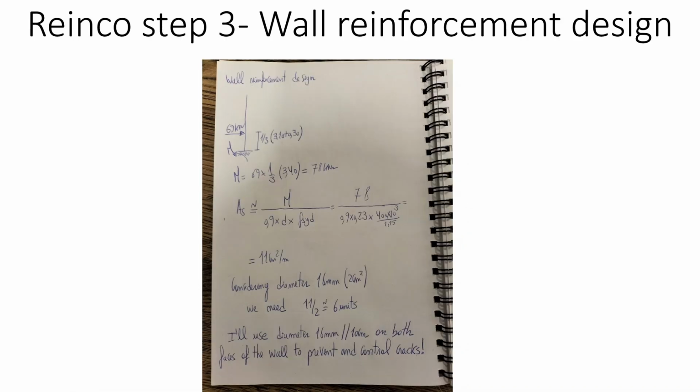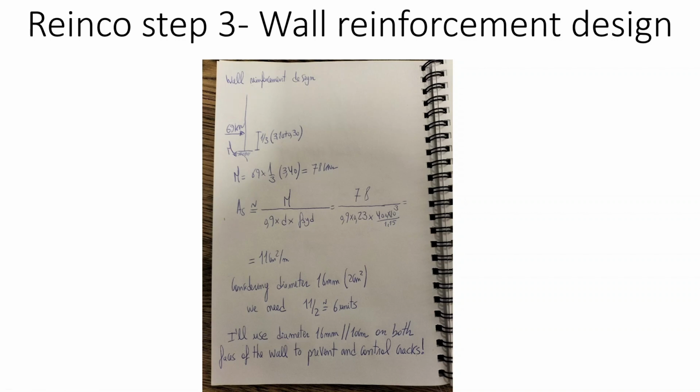The wall reinforcement design is going to be determined in a very simple way again. The 69 kilonewtons force acting at a third of 3.40 meters high, and here I used a very simple formula. Okay, this is a very simplistic formula. This is in most cases a very conservative formula.